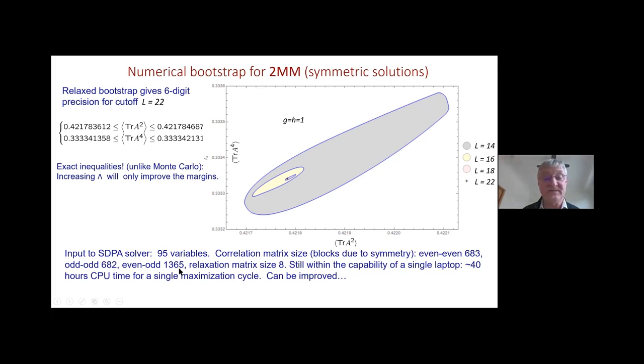Here are some data. We have 95 variables at the end after exclusion with loop equations, and the sizes of the matrices are given here. Okay, that's maybe not so important, but this result took 40 hours of CPU time of the usual laptop, but it can be greatly improved. I think ZH1 promises like 2 more digits of precision, which is, of course, a very good precision for this functional integral, at infinite N limit.